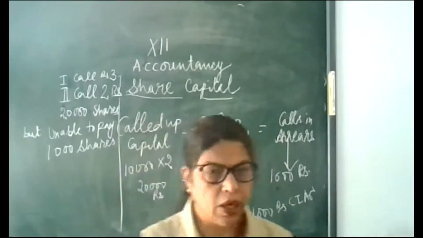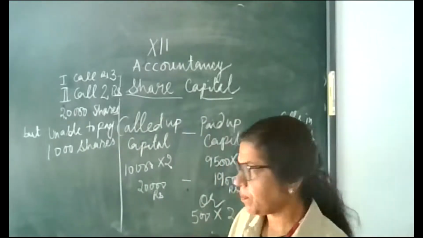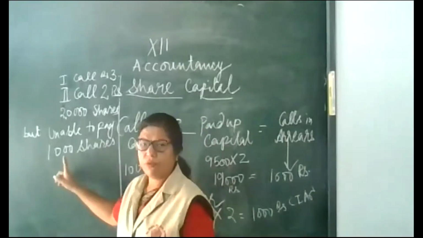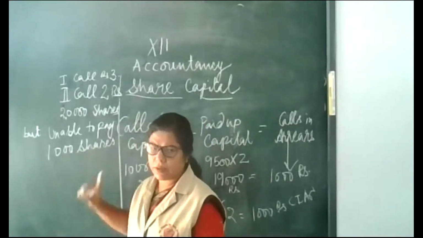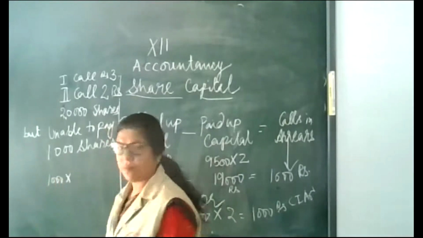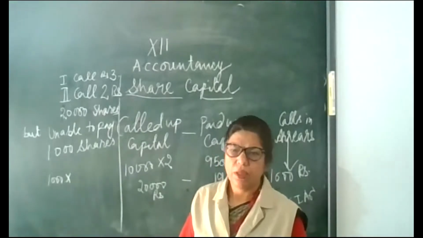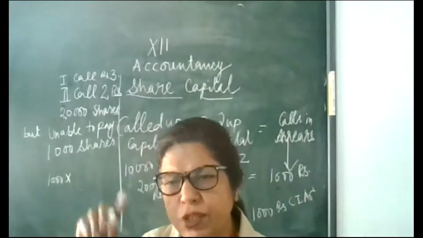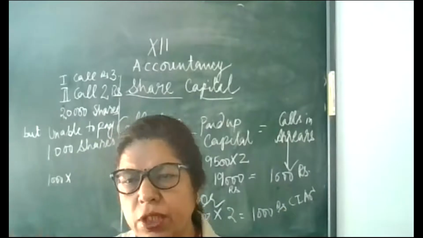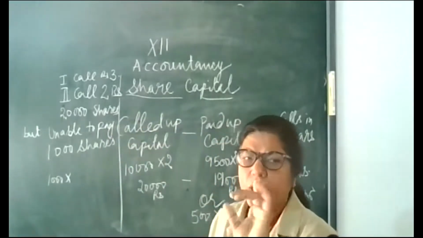Okay, now how to calculate? I am going to show you. See, 1,000 shares. Now it will be easy for you. Your board is visible. Shalini, board is visible. Okay. Now first step.